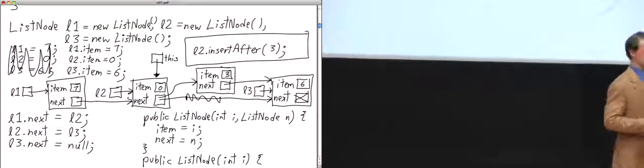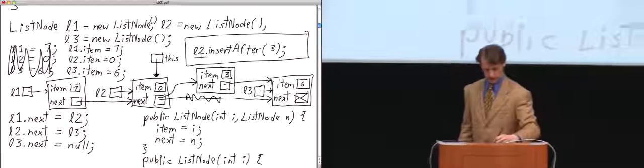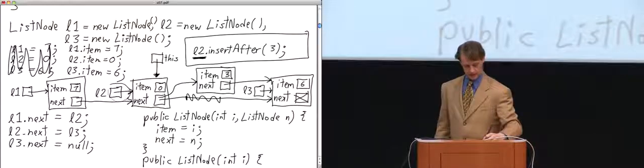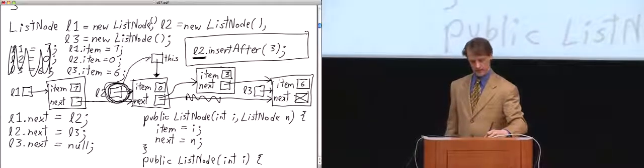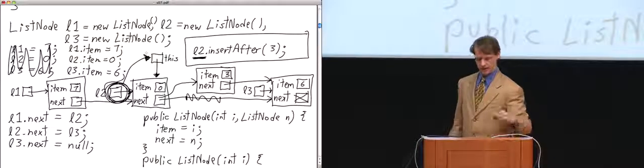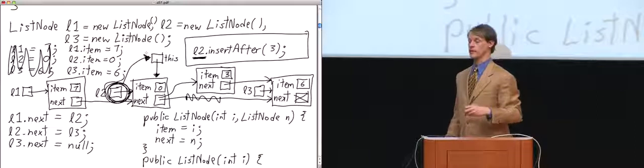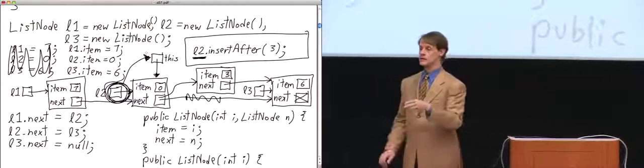So what is passed in implicitly is, when you call L2.insertAfter, that means this variable here, L2, is implicitly copied into a box called this in the insertAfter method. Does that answer your question?